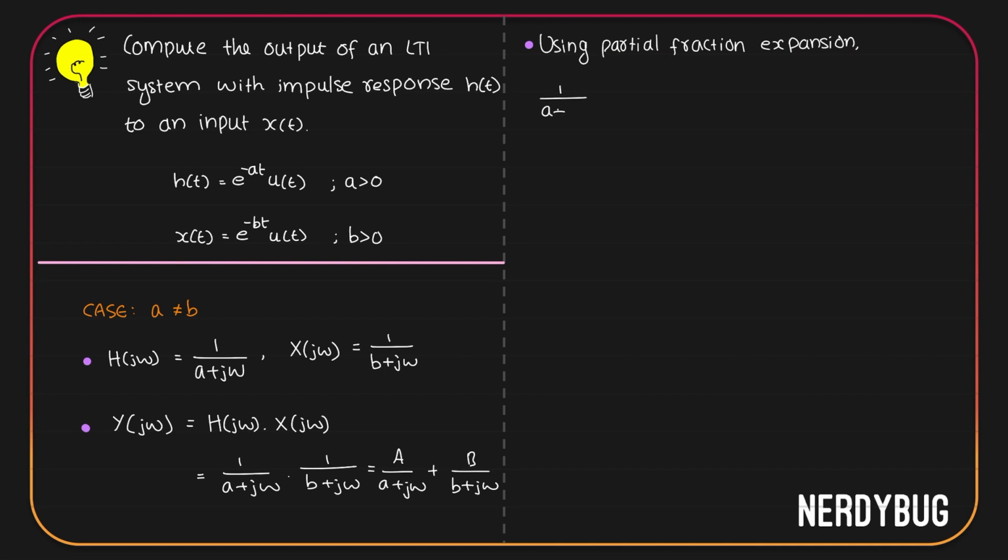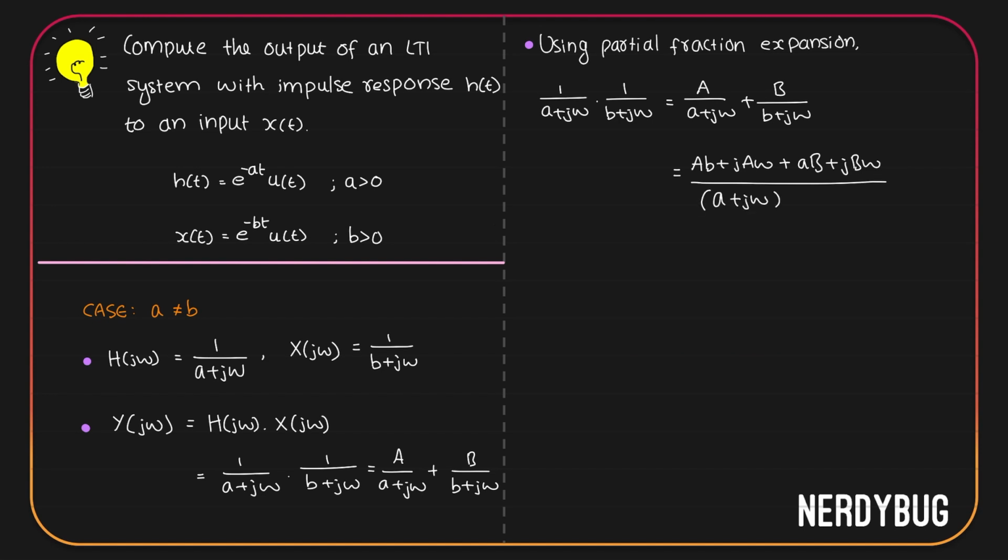We can write 1 by a plus j omega multiplied by 1 by b plus j omega is equal to some constant a by a plus j omega plus some other constant b divided by b plus j omega. Let's add them on the right hand side. We get ab plus j a omega plus ab plus j b omega divided by a plus j omega multiplied by b plus j omega.